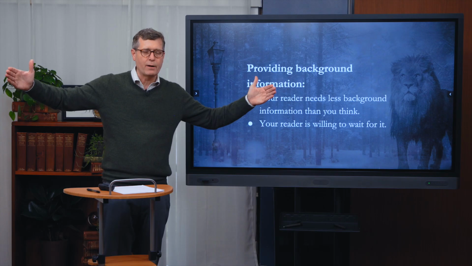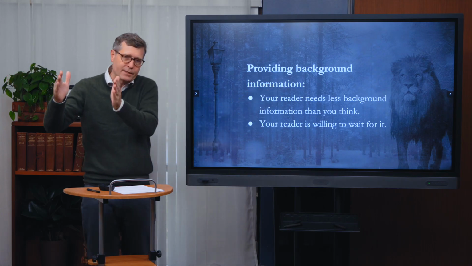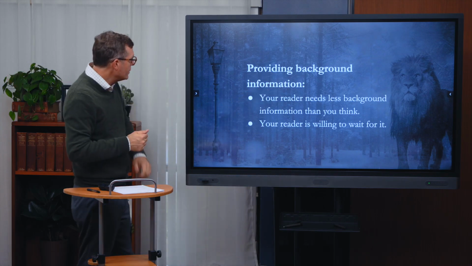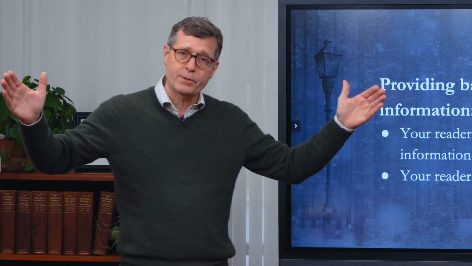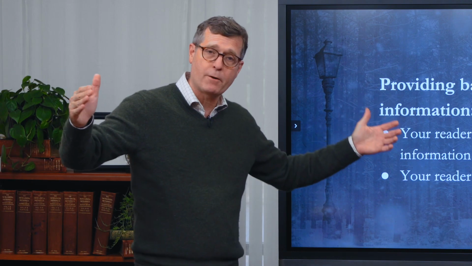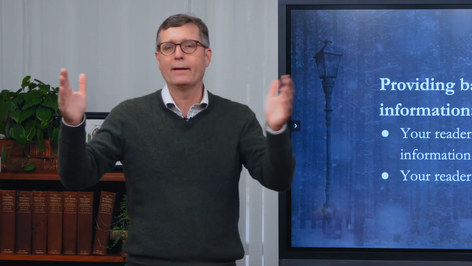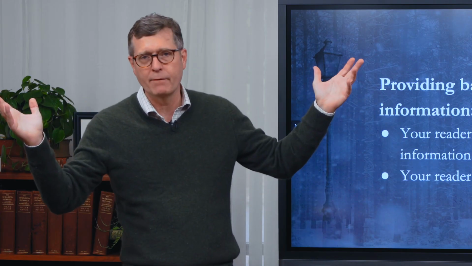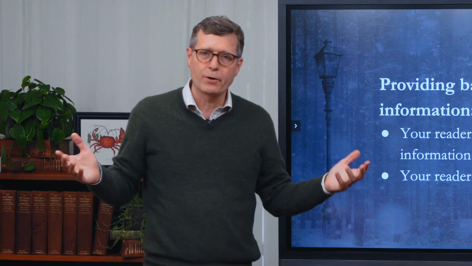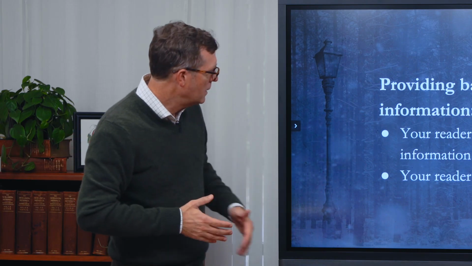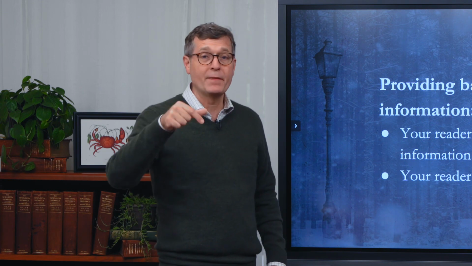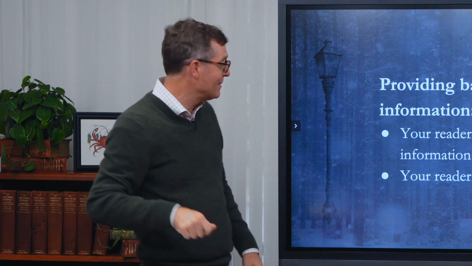Well, not necessarily. Your reader probably needs this much, and your reader's willing to wait for it. So first, cut your exposition, your explanation, your background information way down. I'm saying a third, but I'm just making that up, obviously. There's no way to quantify it because I don't know how much information you think they need, but they need less than you think. Let's put it that way.